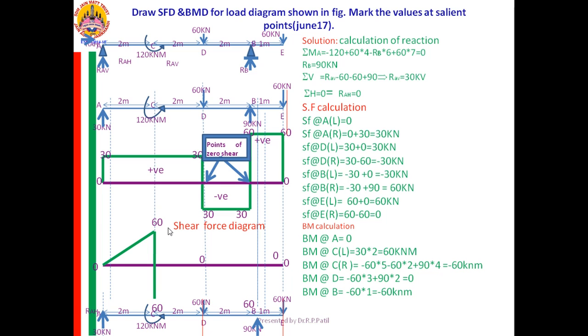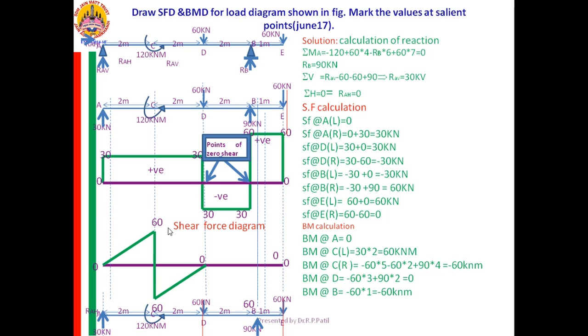Then from there you come to right of C, and from right of C you go to D. Again, see the shape of the SF. Again, it is a parallel line. If there it is parallel, here it will be inclined. Join it by means of an inclined line.